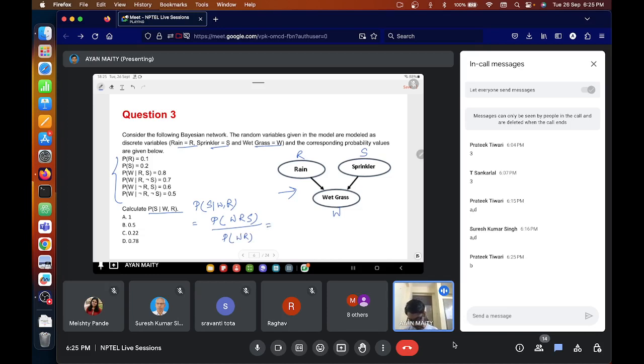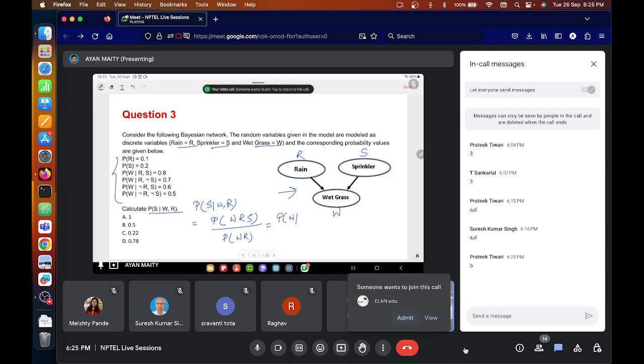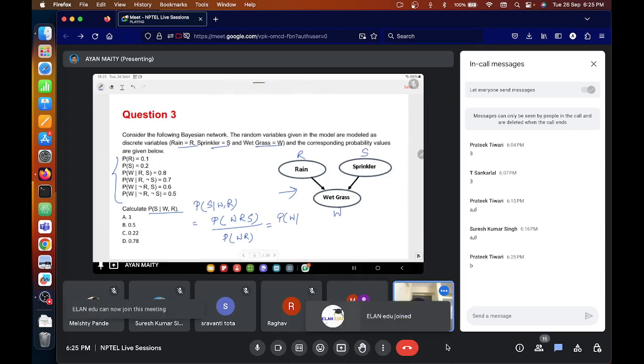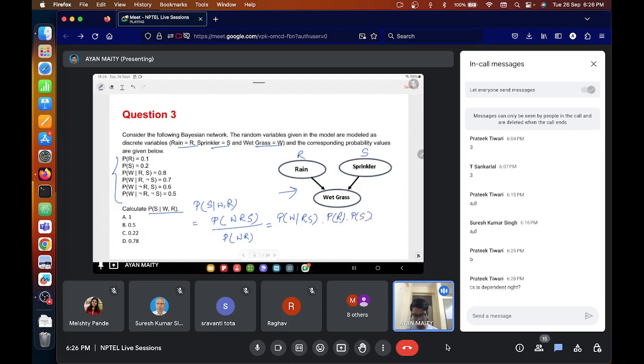And then for probability of WRS we can write it as probability of W given R comma S into probability of R into probability of S. R and S are independent, so probability of RS we can write as probability of R into probability of S. That's why we can write the numerator like this.